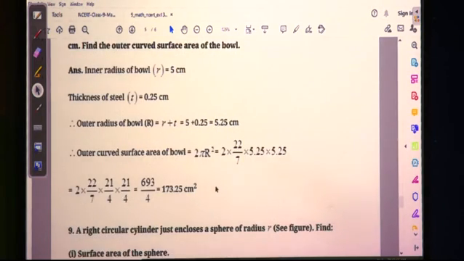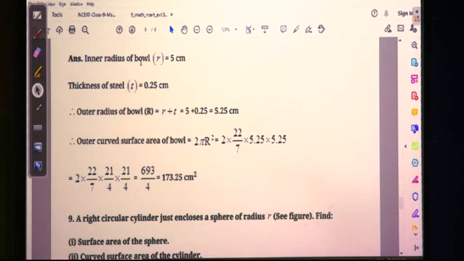What is given here? Inner radius of bowl, small r, is equal to 5 centimeter. Thickness of steel, t, is equal to 0.25 centimeter. Therefore, outer radius of the bowl, denoted by capital R, is what? Inner radius plus thickness.